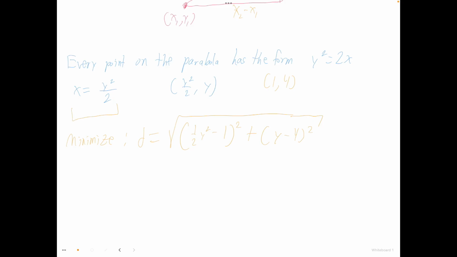But when it comes to the distance formula, it's a little annoying because there's a square root in it, and so when you take the derivative, it makes things a bit more complicated. And so what we do is we use the following fact. The place where d has a minimum is also where d squared has a minimum.